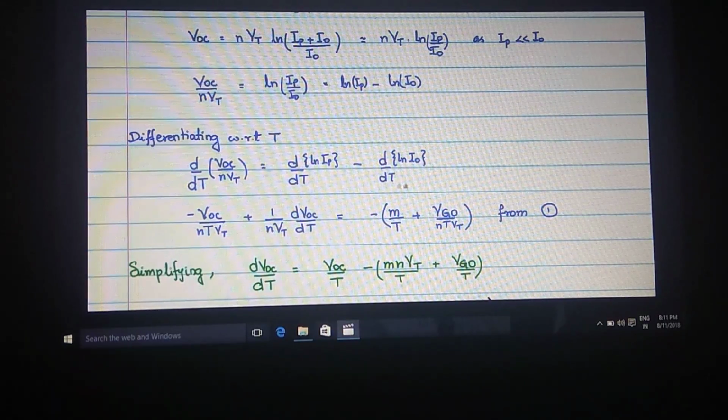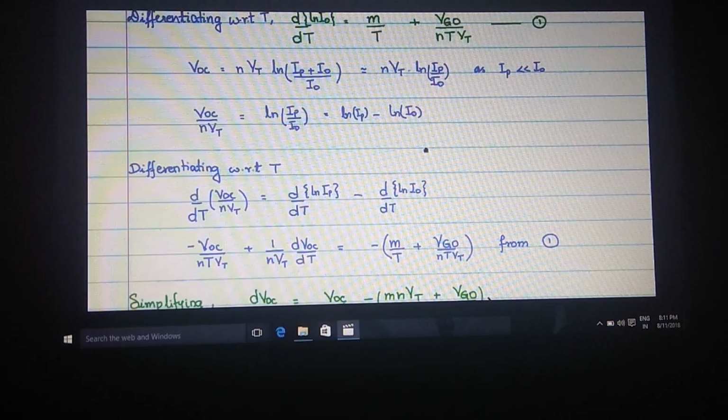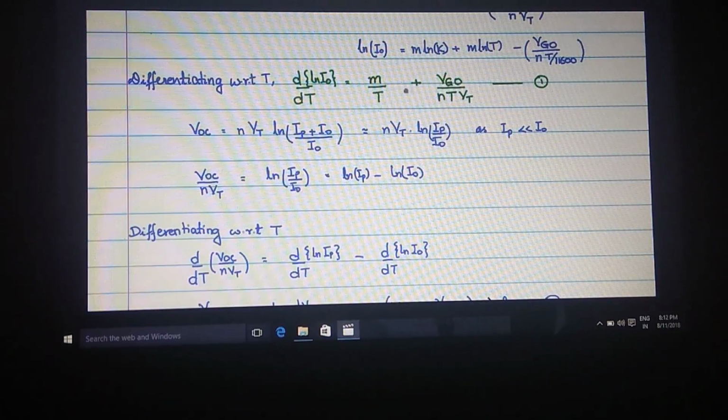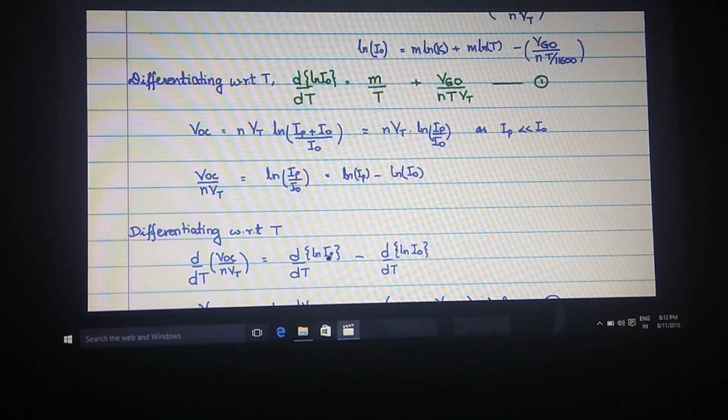Now d by dt of log of I naught we have already derived here. So we can directly substitute this value here. d by dt of log of IP is 0, assuming that the variation is very negligible compared to the variation in I naught.